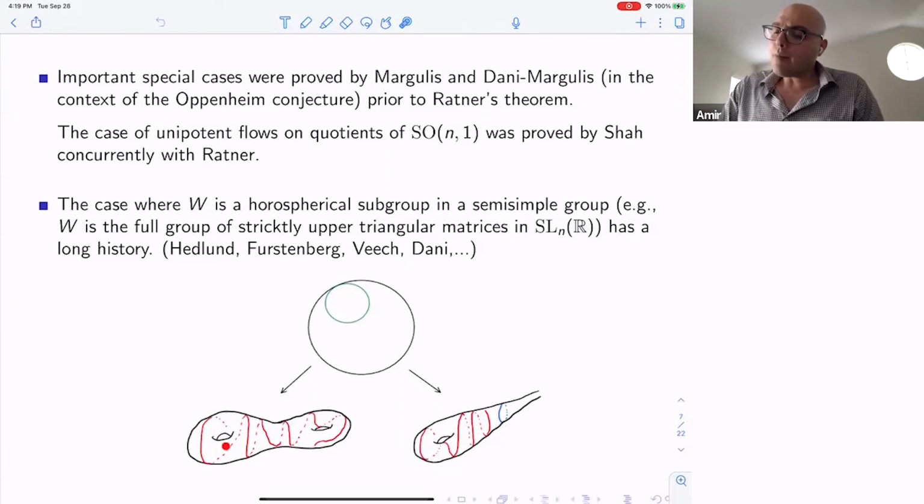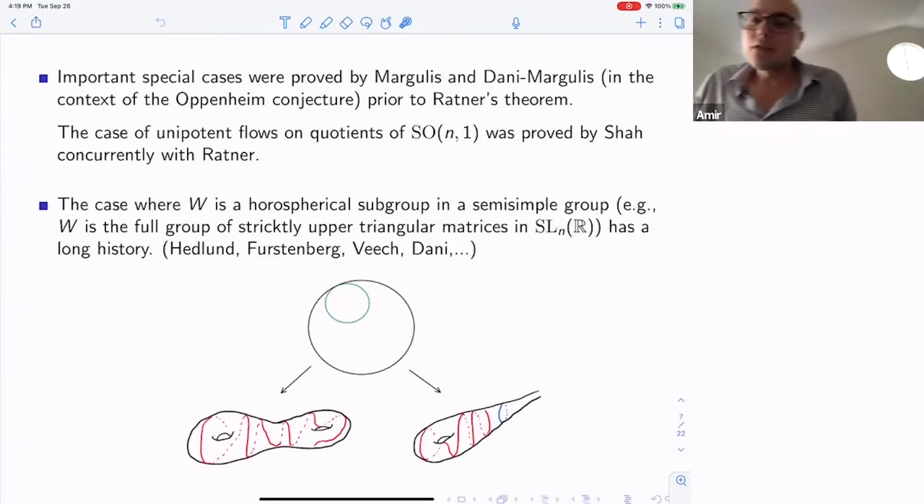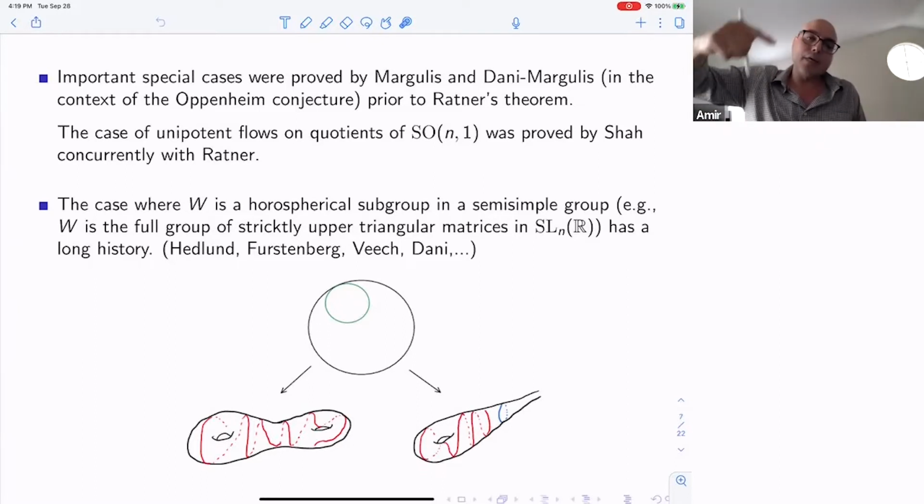So you either have a compact surface or a surface with some cusp. If you have a compact surface, then what Hedlund proved is that every orbit is dense. So there's minimality. Every horocycle you take, you project it to your manifold, you get a dense set. When there is a cusp, of course, it could be that you have a periodic horocycle, but what Hedlund again proved is that that's the only possibility apart from density.